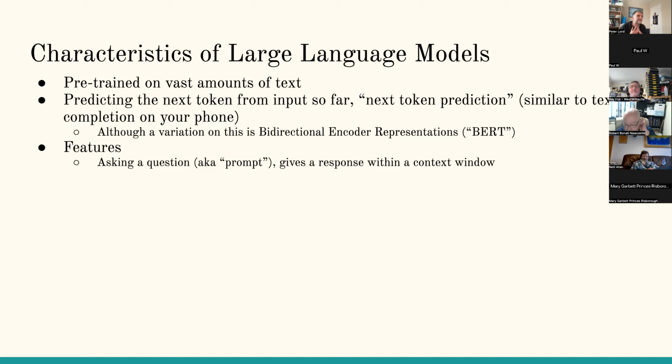And this is always within a context window. So if you type in your first question or prompt, like "is the sky blue", you get a response. You type in a second question and get a response, a third question and get a response. All those are within a context window.